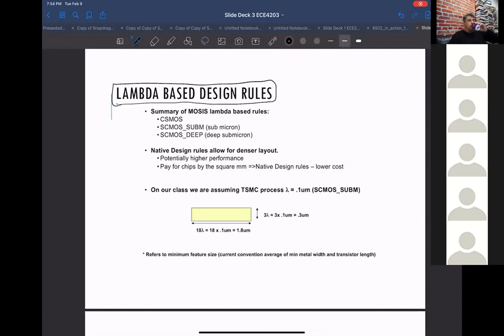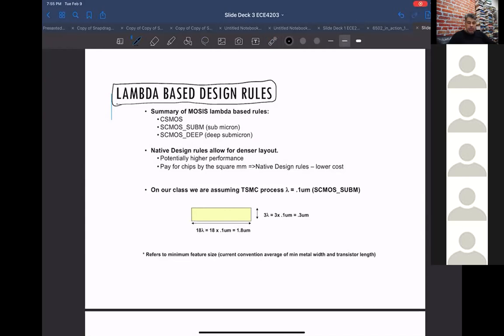Okay, so this was an attempt by the university community to create a universal set of design rules for a whole bunch of processes. Because universities, if you're doing research projects or university student projects, you almost never know which fab you're going to go to. You might want to use different types of fabs. You might just have access to different fabs.